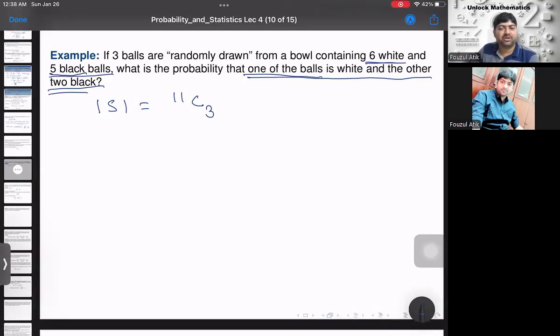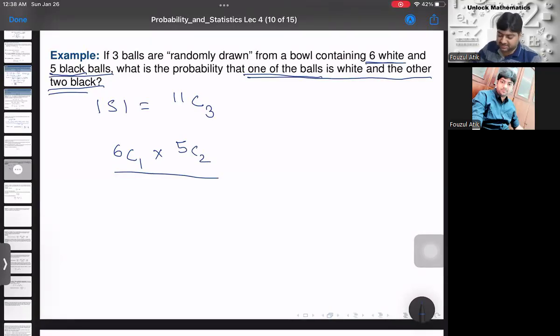How many ways can you do it? One ball you can select in 6C1 ways, and for each of these selections, from the 5 black balls you have to select 2. How many ways can you do it? 5C2. So by the basic principle of counting, it is their product: 6C1 into 5C2 ways you can make this selection.